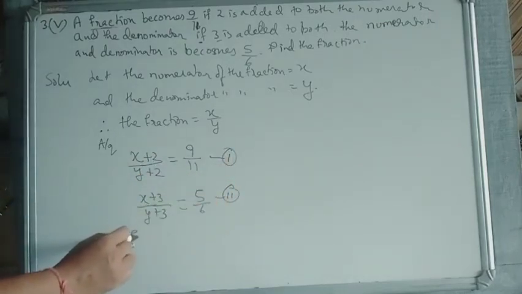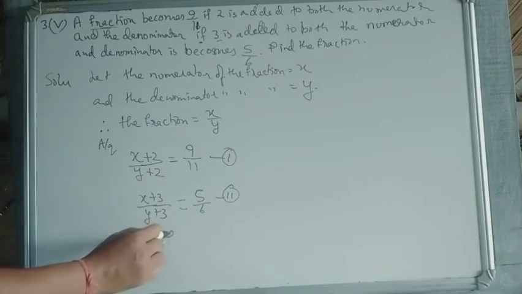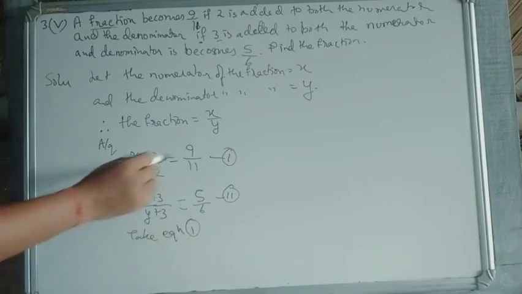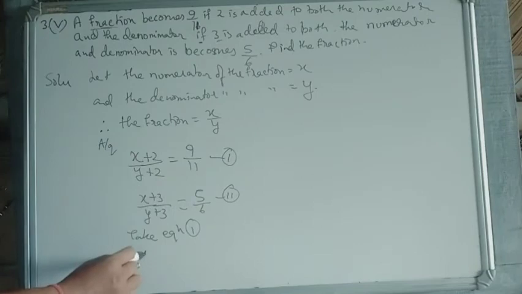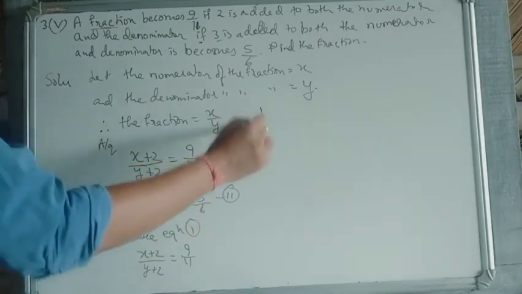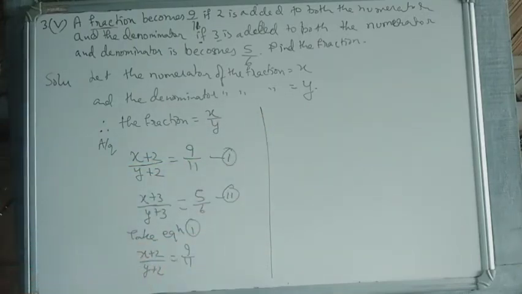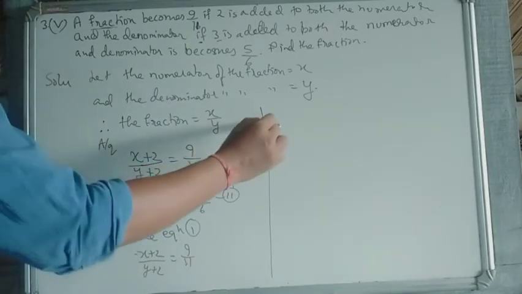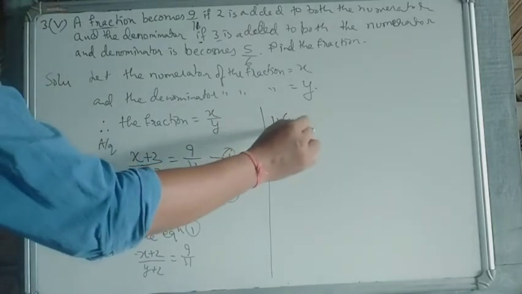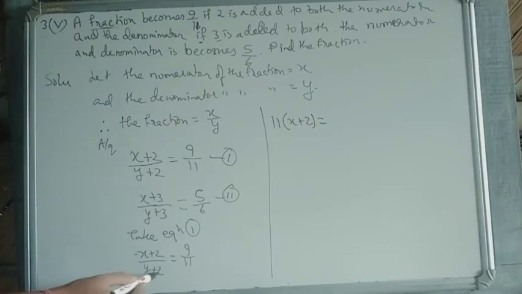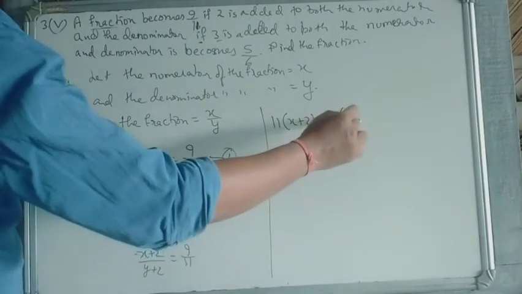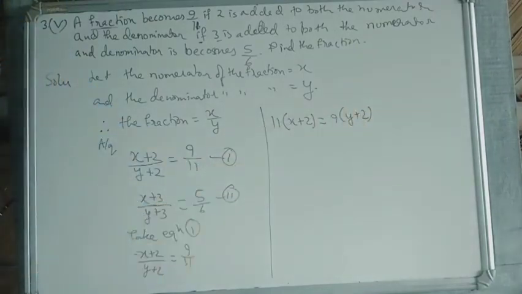Take equation 1: x plus 2 by y plus 2 is equal to 9 by 11. So we will do cross multiplication. This 11 will get multiplied here, so 11 into x plus 2 equals 9 into y plus 2.